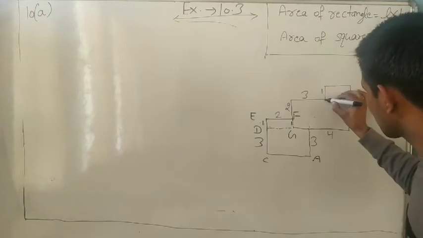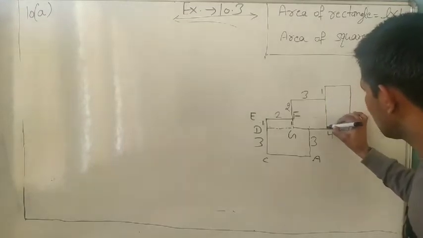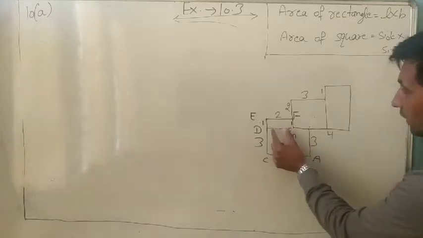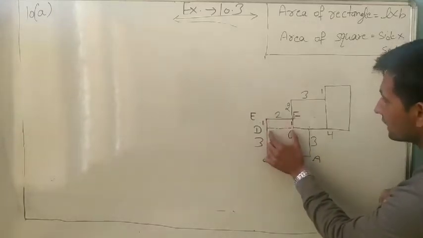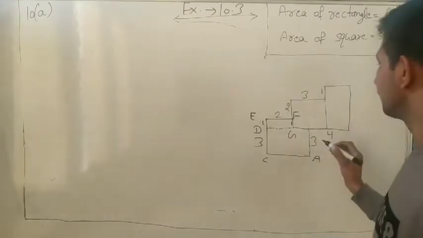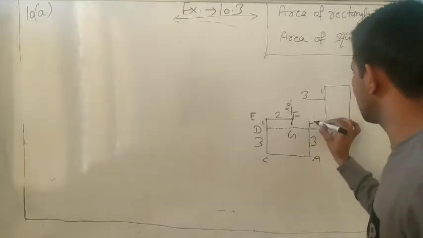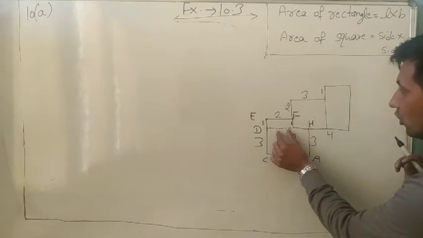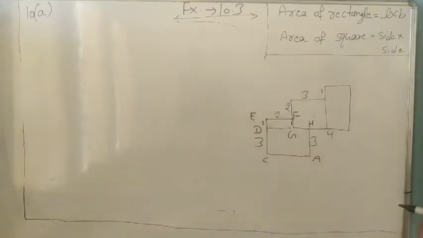And now this one is 2, so it is also 2. And G2, A, B, C, D, G, and suppose H. It is H. You can say it is 2, it is 1. So how much is it?